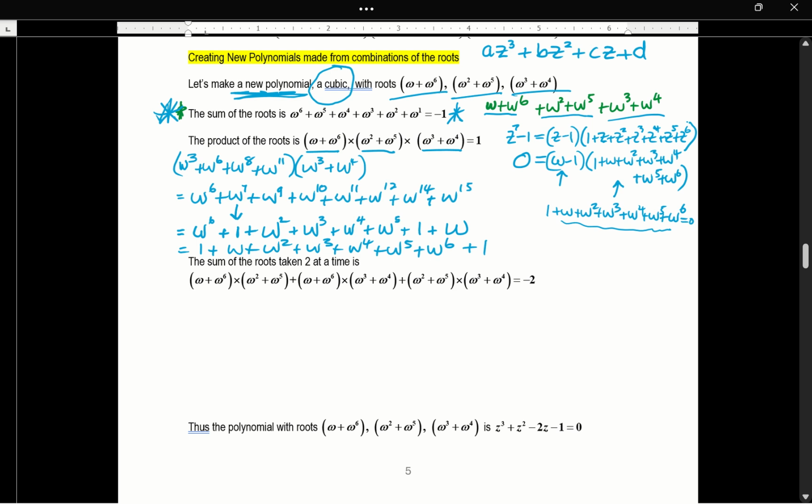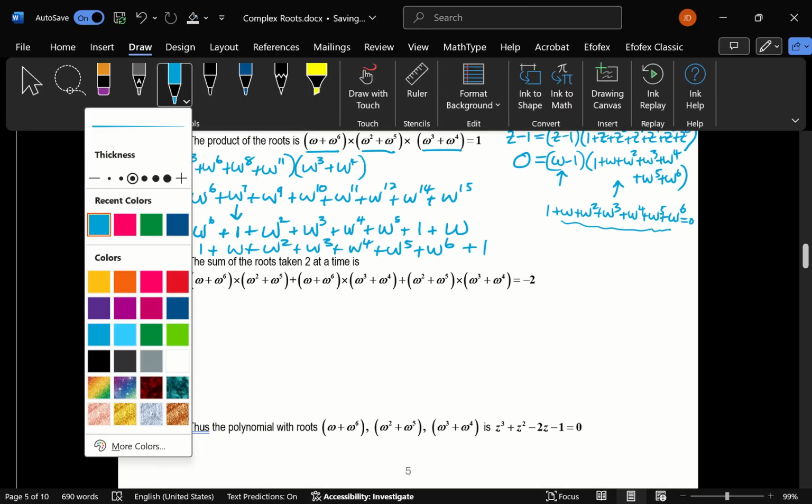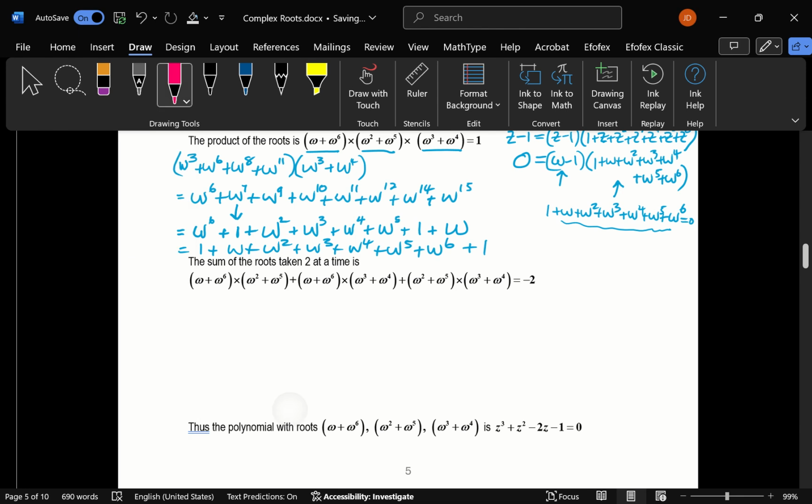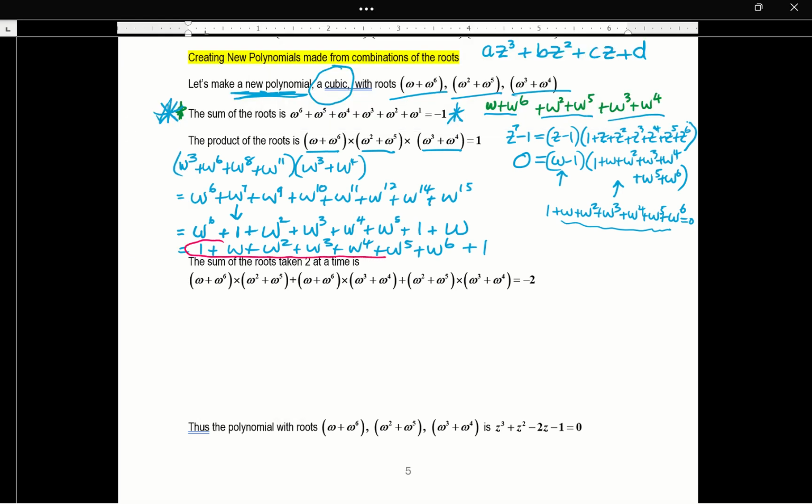And we know that the first part of all of that, I'm circling there, that is 0. Because we know it from over here that equals 0, which means we've got 0 plus 1, which equals 1.